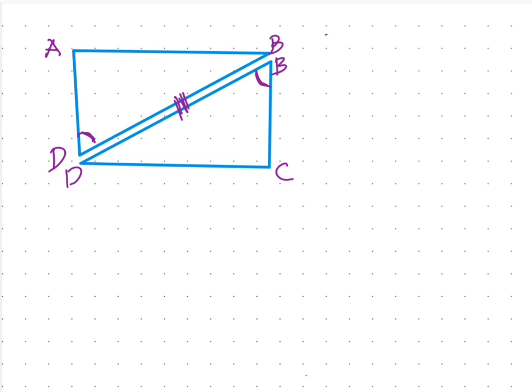And then ABD is congruent to CDB. So what's the question here? Yes, they are, because you've already proven two angles are congruent and one side. So that is ASA. We don't need to state it.